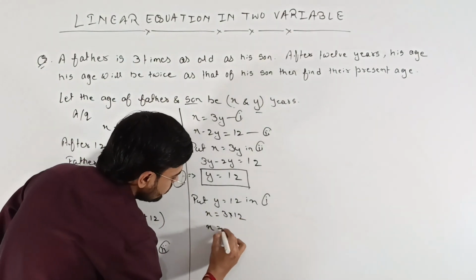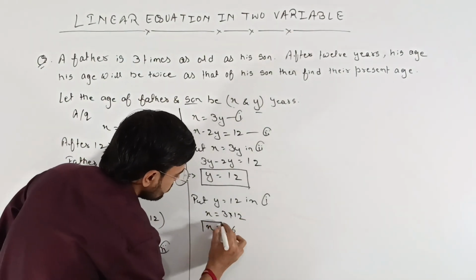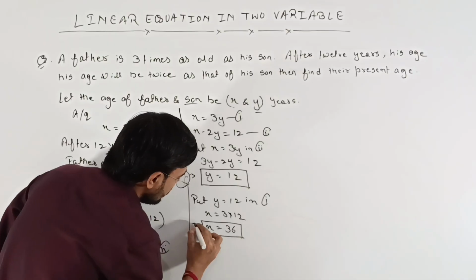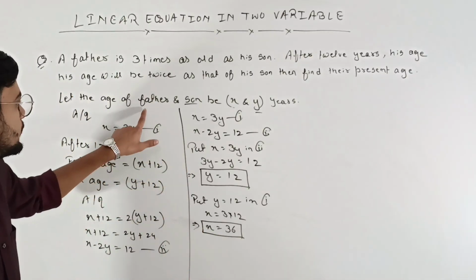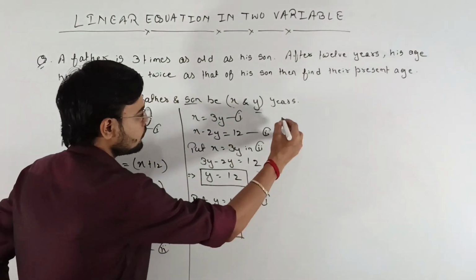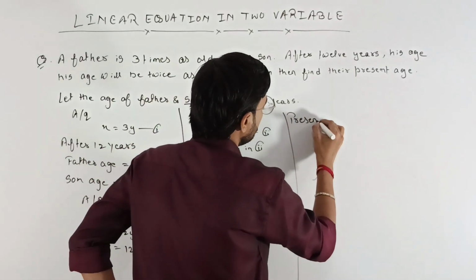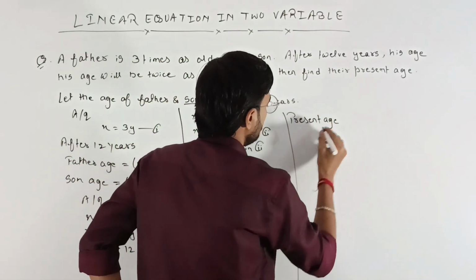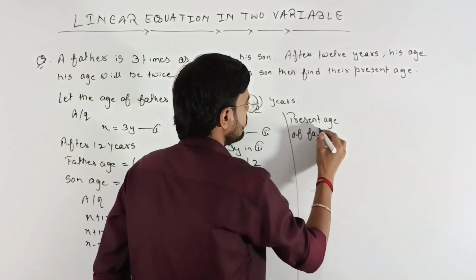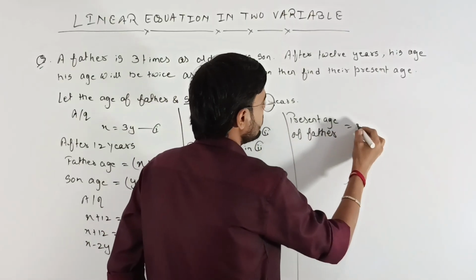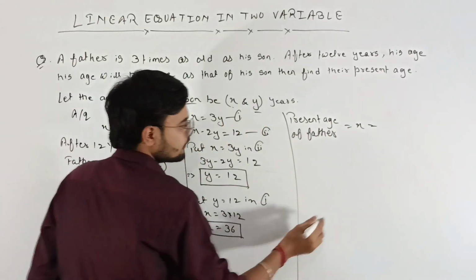Then x is 36. X is 36, and x is what? Present age of father. The present age of father is x, that is 36.